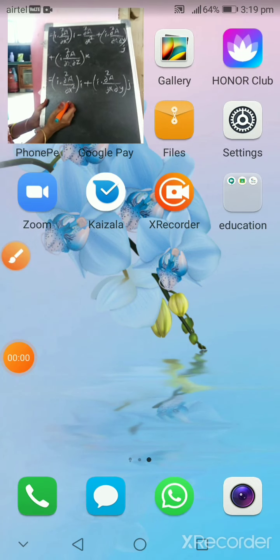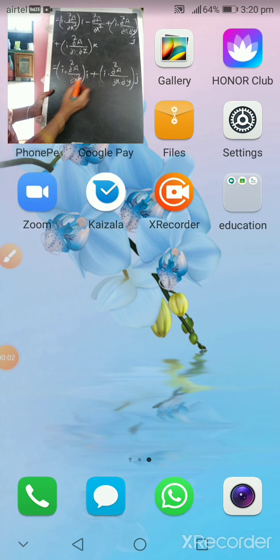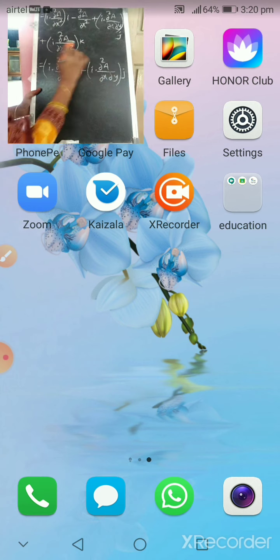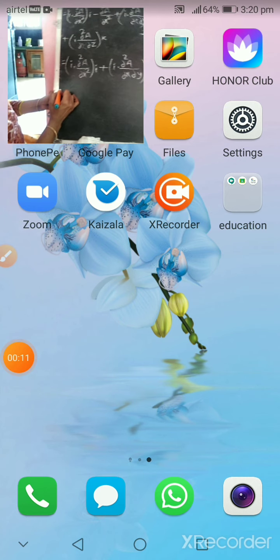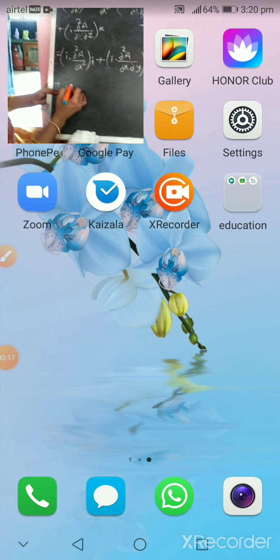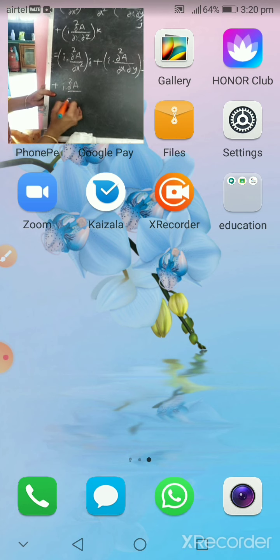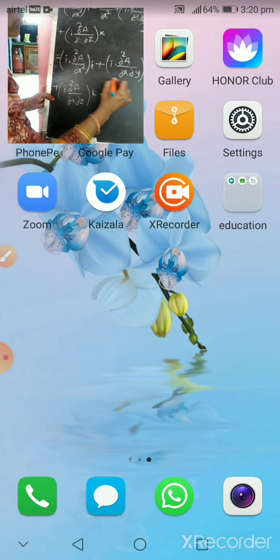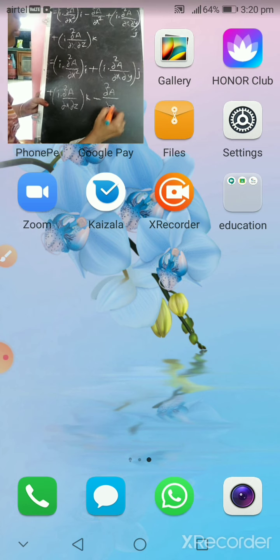So plus i dot ∂²A/∂x∂y into j, plus i dot ∂²A/∂x² into i plus i dot ∂²A/∂x∂y into j. So next plus i dot ∂²A/∂x∂z into k minus, this one is lost we can write, ∂²A/∂x².